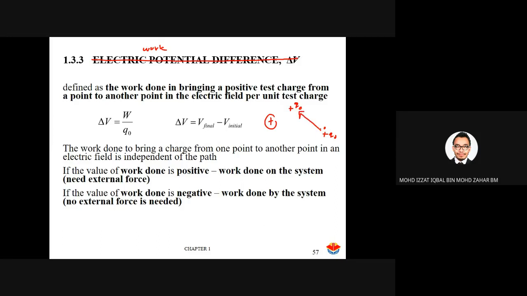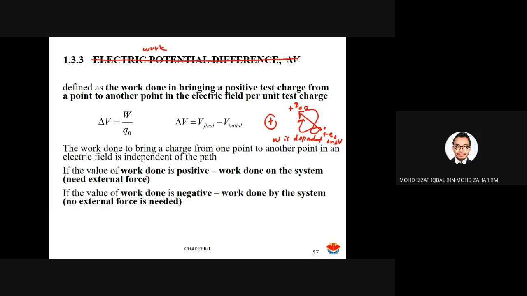It does not depend on the path the person uses. They can go like this, or like this, or go round and round, it doesn't matter. The work done is the same. Work is dependent on V final and V initial only. It doesn't matter how you go around.